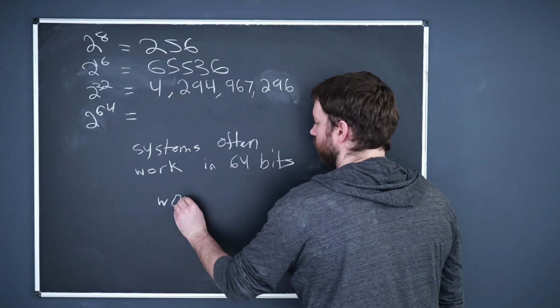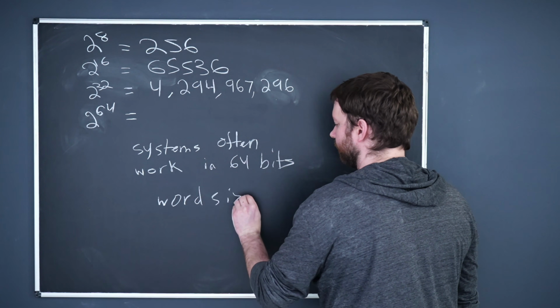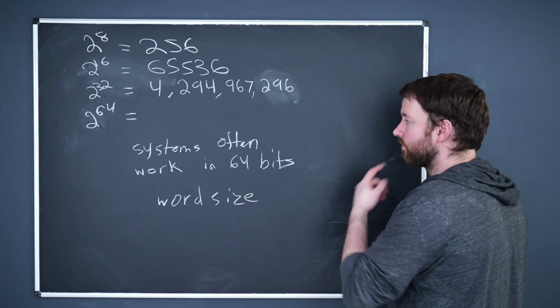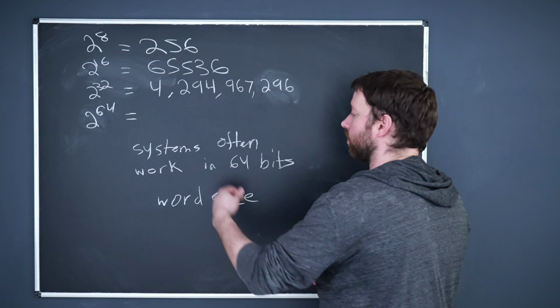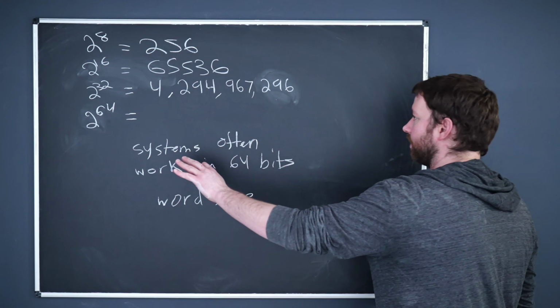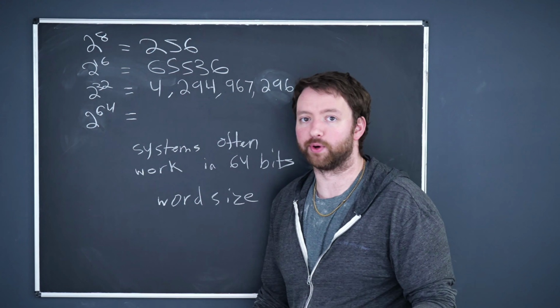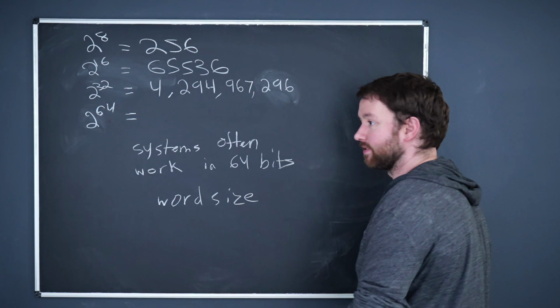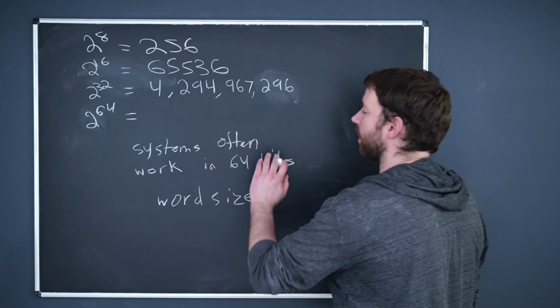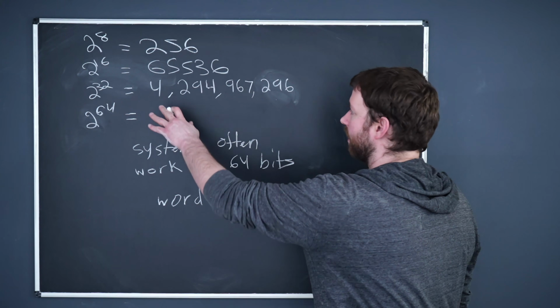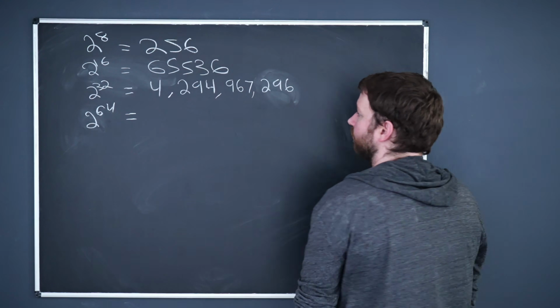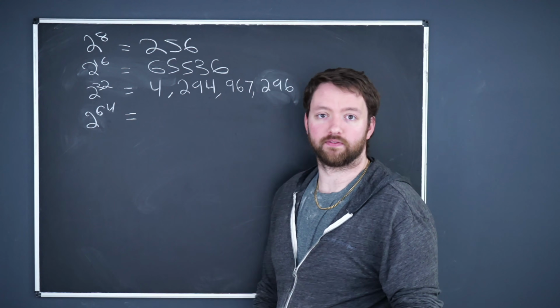This is called the word size that the system uses. But we can have smaller or larger, so it's not like everything has to be 64-bit, because we could use more or less space in memory. So we'll get into memory and all that jazz later on. For now, let's just talk about what the possible values we can represent with these are. If we're just looking at numbers, there's going to be a max value.